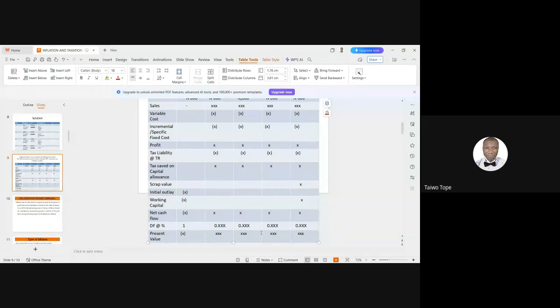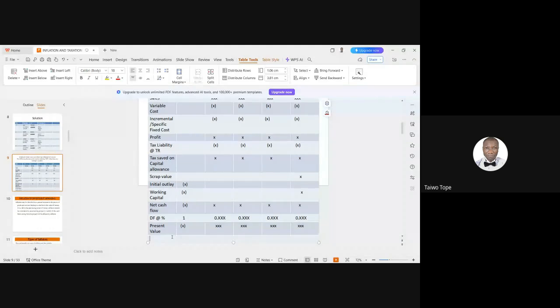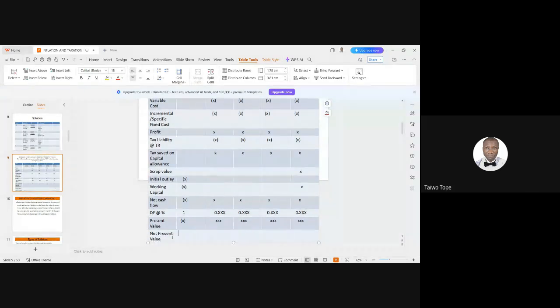So once you do that, the difference between the negative value and the positive value will give you your net present value. That is your NPV, net present value.